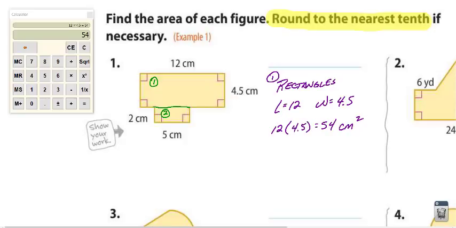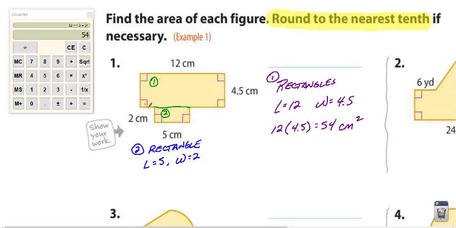My second rectangle, my rectangle 2, also a rectangle. I write that down because it just helps me remember, because anytime I write triangle or trapezoid down, I know I have to do something different. So rectangle 2 has a length of 5 and a width of 2.